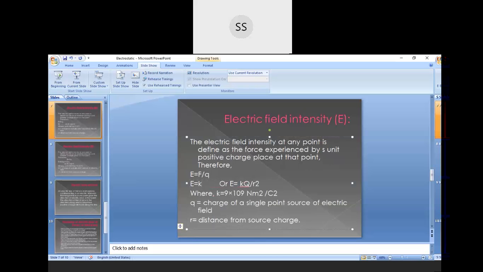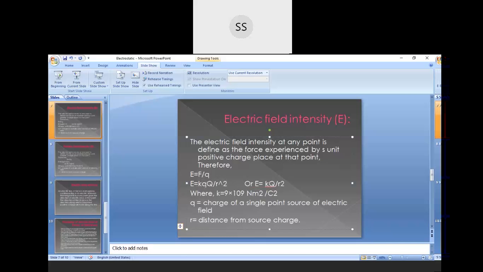F equals k times Q times small q, divided by r square. This is the value of F according to Coulomb's law.